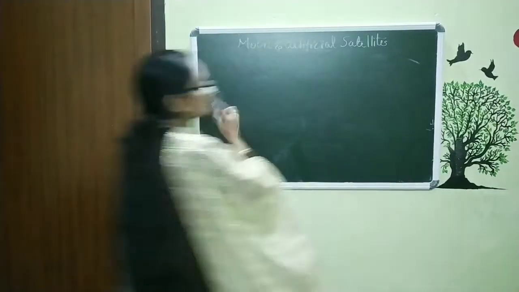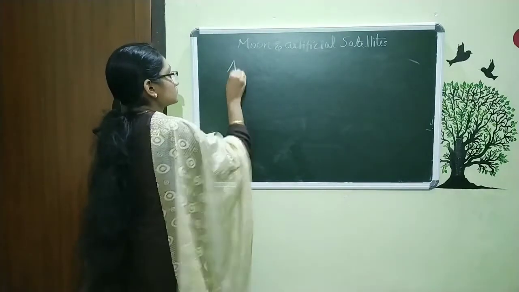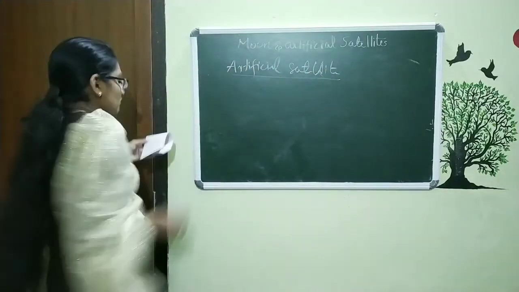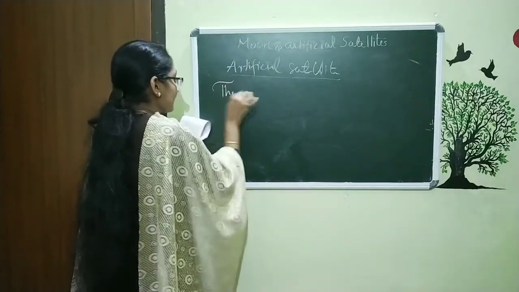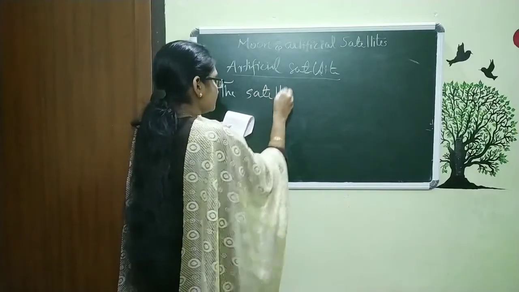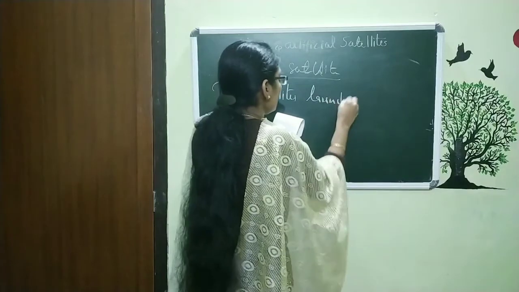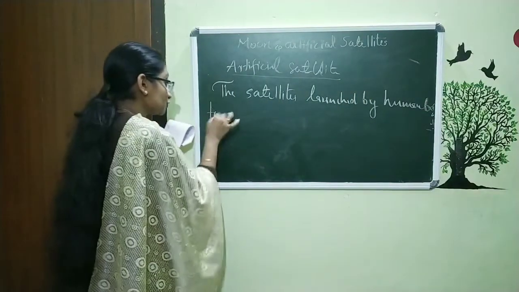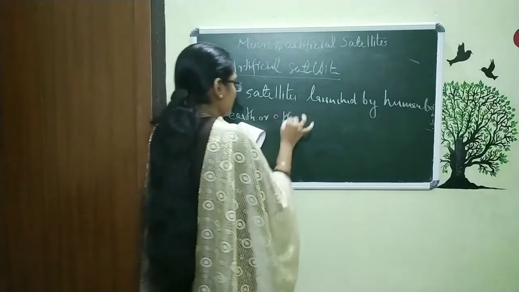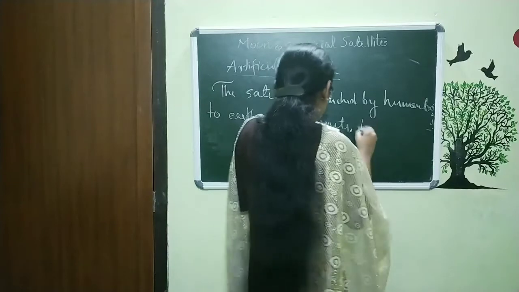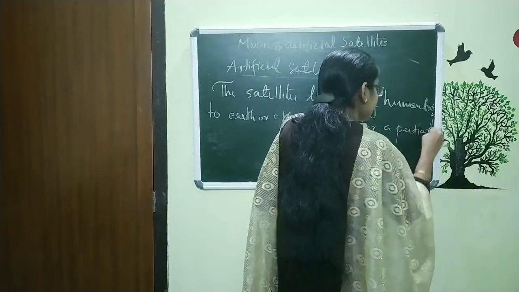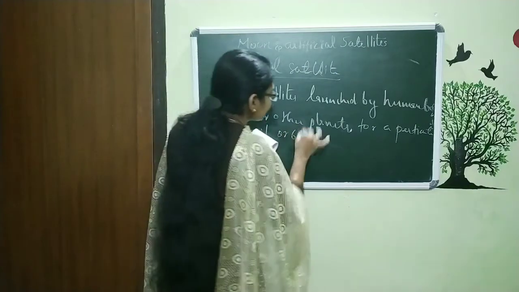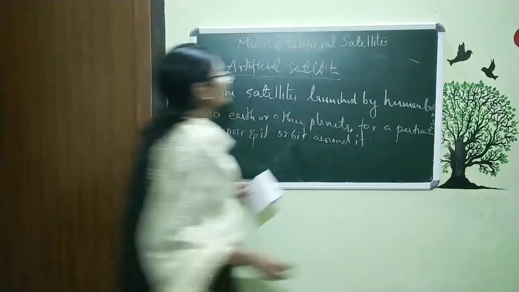Now we are going to study its definition. Artificial satellites are satellites launched by human beings to Earth or other planets for a particular purpose, and they orbit around it. So this is the definition of an artificial satellite.